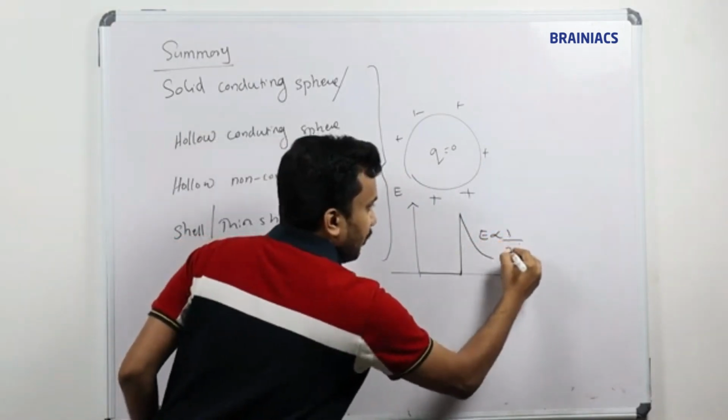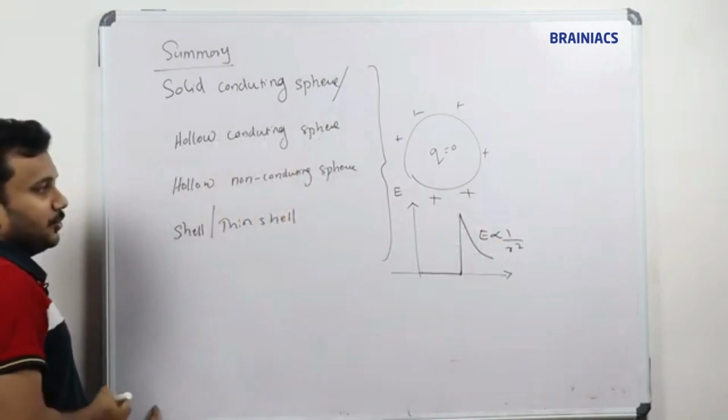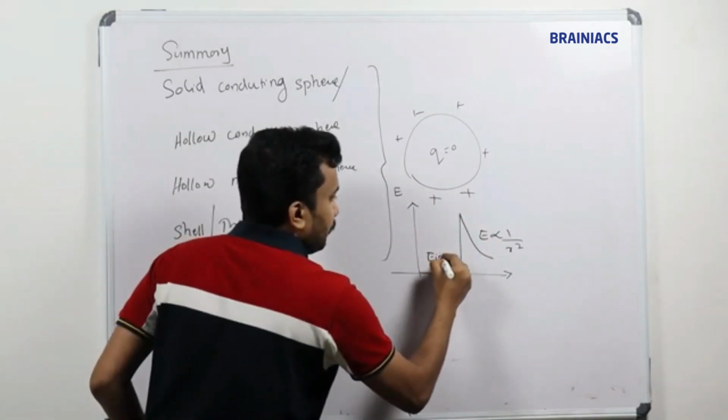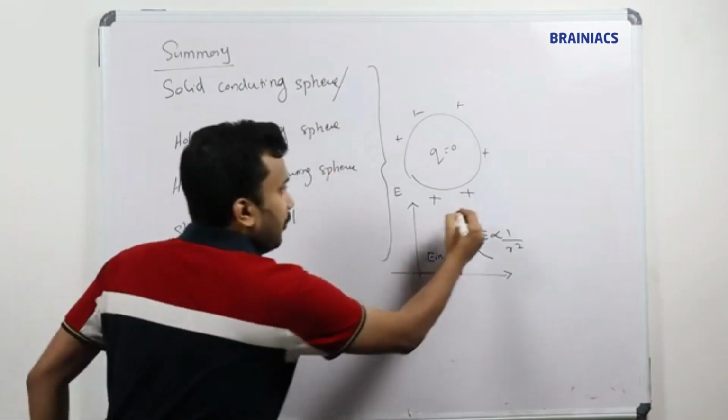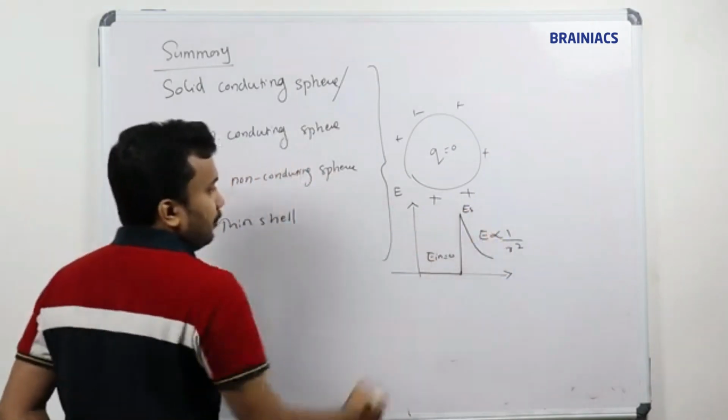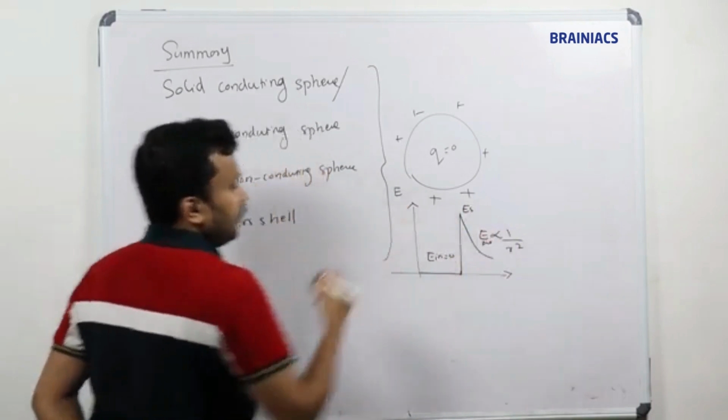E is proportional to 1 by r square. So the electric field inside is 0, and it is present only at the surface and outside. This is the surface point, this is the outside point, so you can mention it as E out.